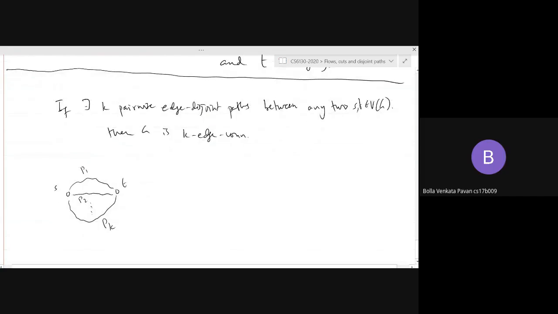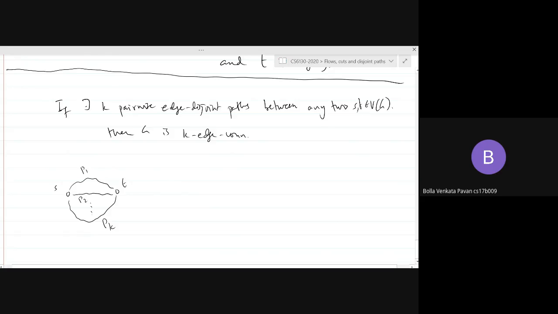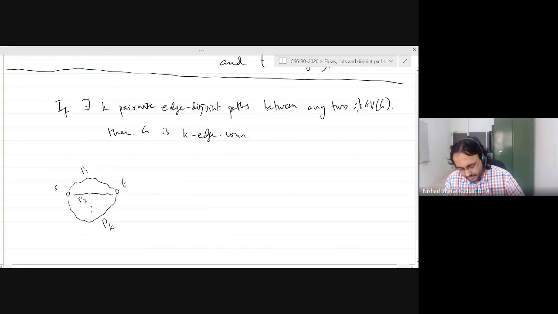So from P1 to Pk, in P1 I will label all the edges with number 1, till Pk, where I will label edges with k. I need to prove that on removing any k minus 1 edges, it should still be connected. I understand.